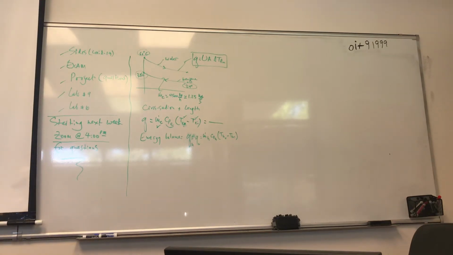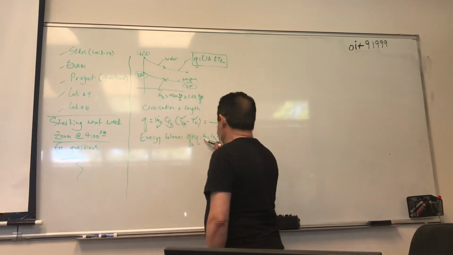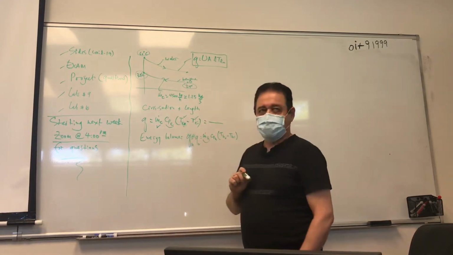Now, how are you going to calculate T hot out? Is it calculated like that, or do you have to iterate, or interpolate? Interpolate and play around until you make sure that that thing is fine. Now, how about the mass flow rate of the hot water?